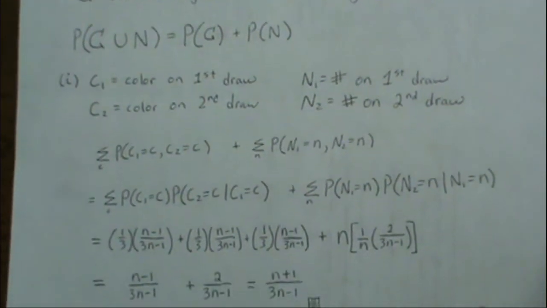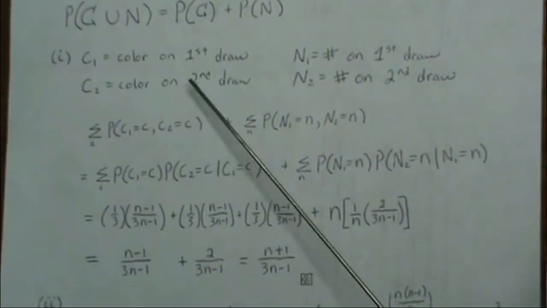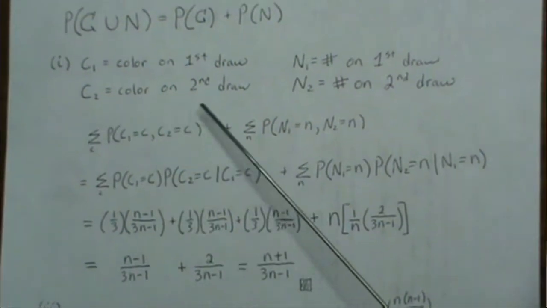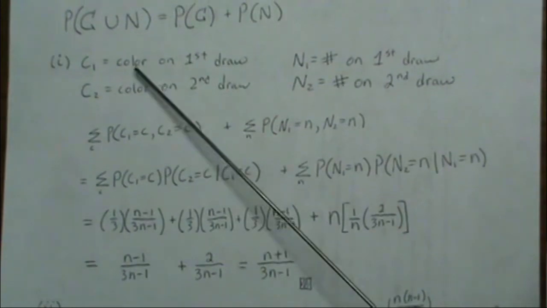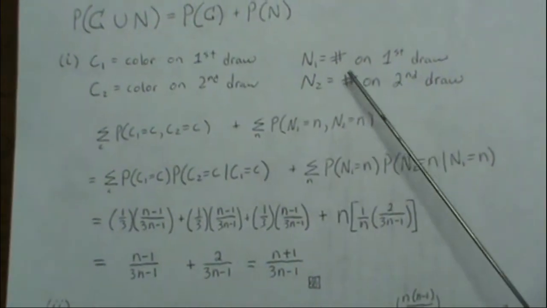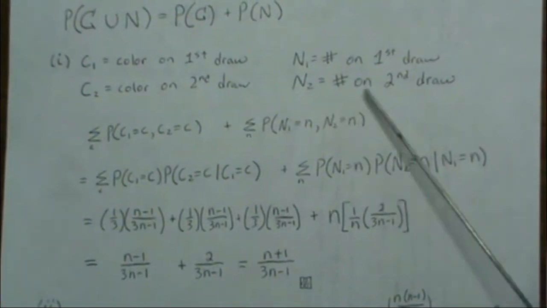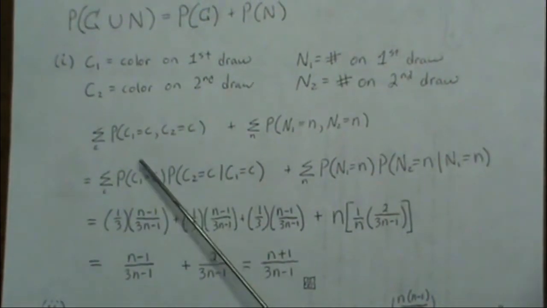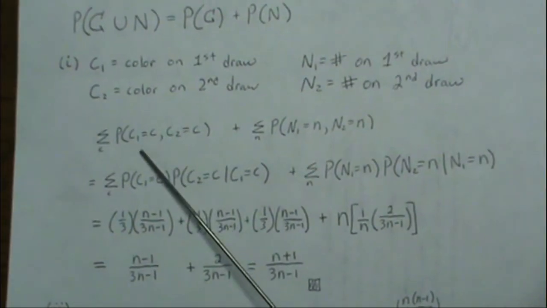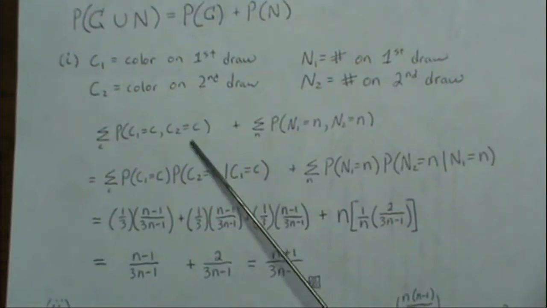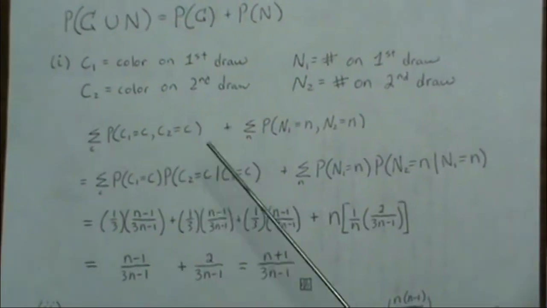So we're going to introduce some notation here. We're going to let C1 be the color on the first draw and C2 be the color on the second draw, and we're going to use that to find this. And then we're going to have N1 be the number on the first draw and N2 be the number on the second draw. And we want to find the probability that the color on the first draw is the same as the color on the second, summed over all possible colors that we could choose.